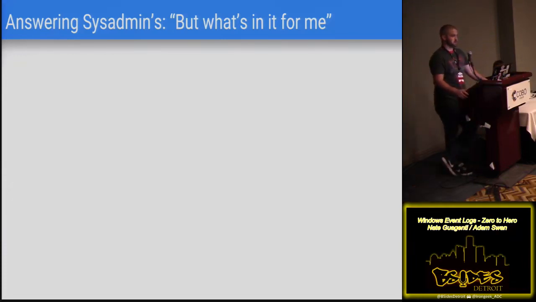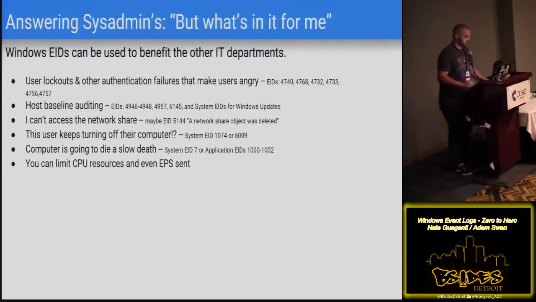So you go to your system admins. Unfortunately, in security, to get anything done, you usually have to go through someone else. And they're going to ask, what's in it for me? Windows event IDs are basically limitless to help the other IT departments, whether it's lockouts for help desk, host baseline auditing, or people deleting shares.